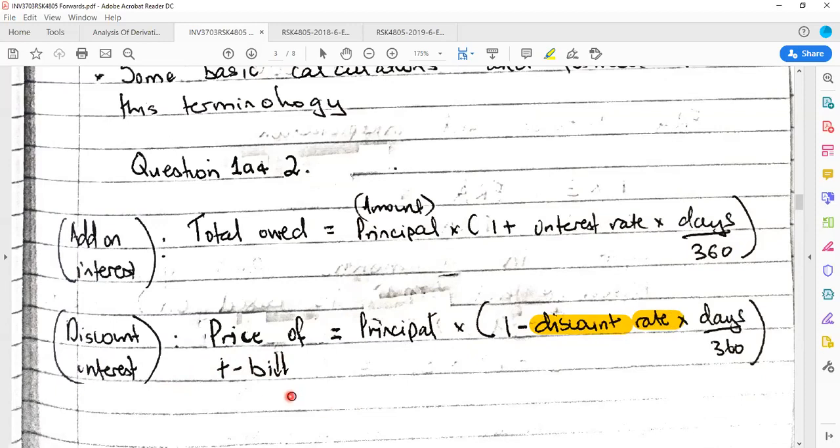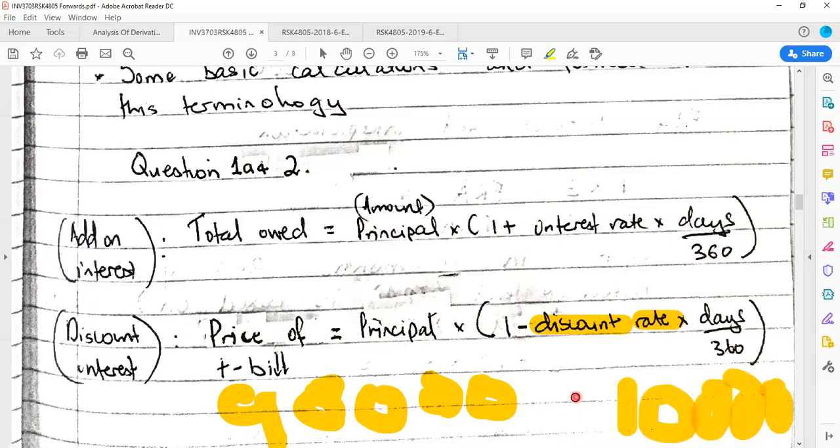So with a treasury bill, a borrower borrows money. Let's say they borrow 90,000 rand, and then they agree that after maybe 60 days, they'll pay back this 90,000 rand as 100,000 rand. So this is an example of a treasury bill.